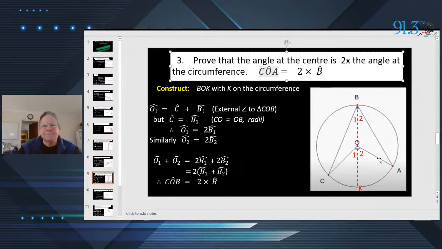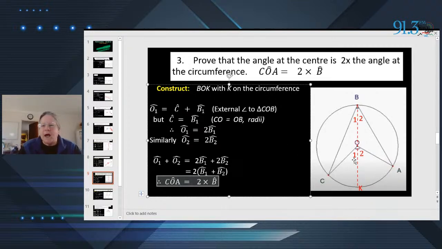COA is twice CBA. So the angles that we're interested in are O1, O2, which I numbered, and that you put in your answer book. So please make sure that the constructions and the stuff that you write in is part of your answer. And B1 and B2, we number it like that.